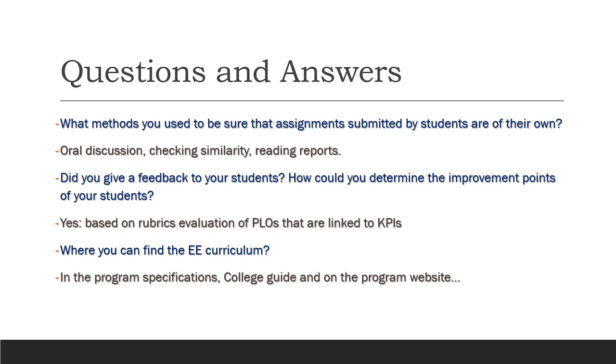Of course, for every course you have program learning outcomes that are linked to your course learning outcomes, and course learning outcomes should be evaluated using rubrics. Rubrics means you have different categories for satisfactory, not satisfactory, developing, and excellent students, and using rubrics will show you where your students are located.